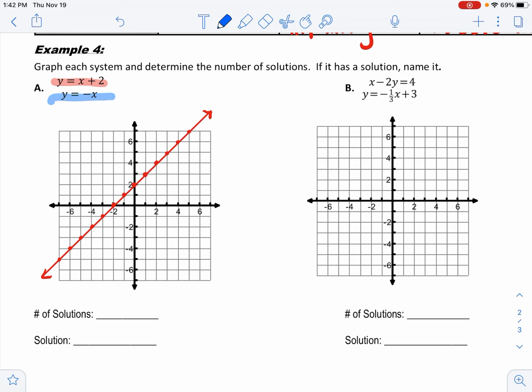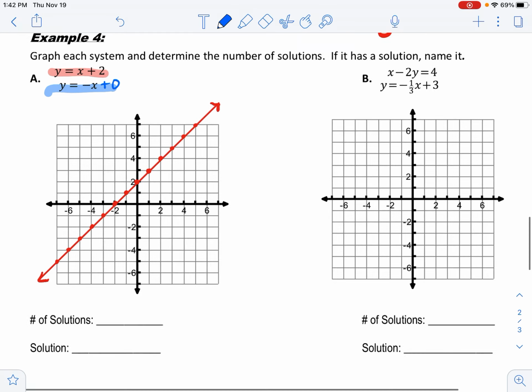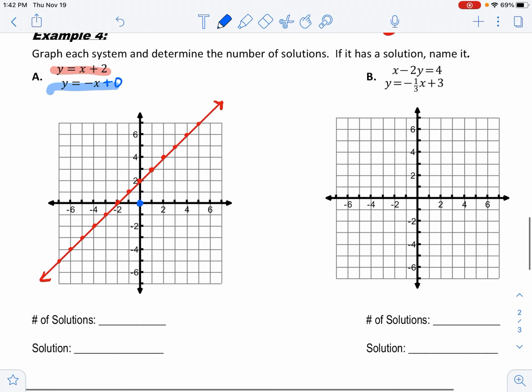Here's my second line, y equals negative x. So please realize this is y equals negative x plus 0. So my y-intercept is 0, and my slope is negative 1. So down 1, right 1. Keep going. And I can also go up 1, left 1. And you can see that I hit the intersection there. I'm going to connect these points with a straight line.